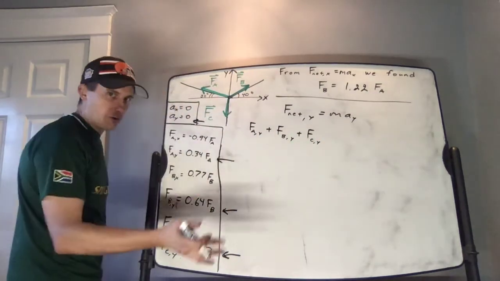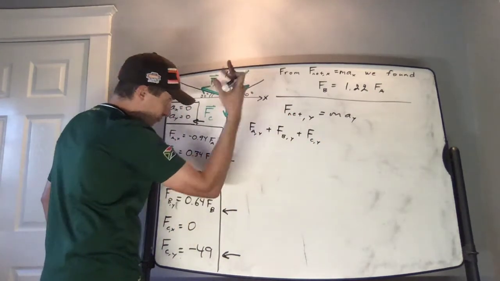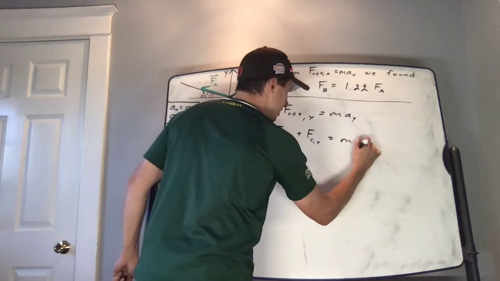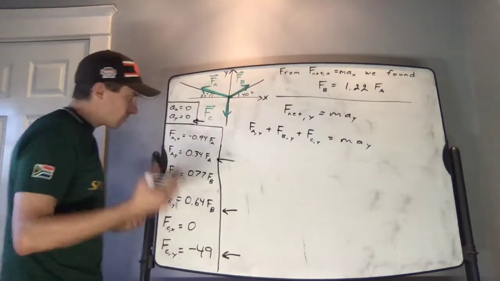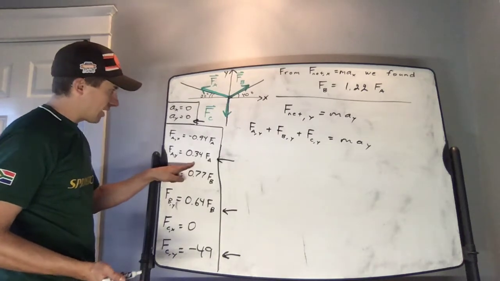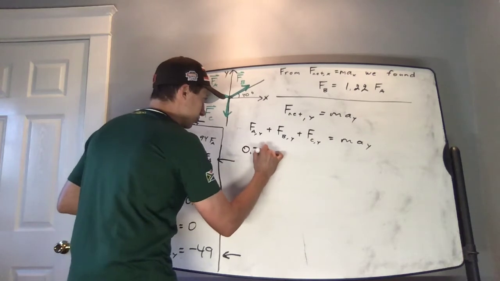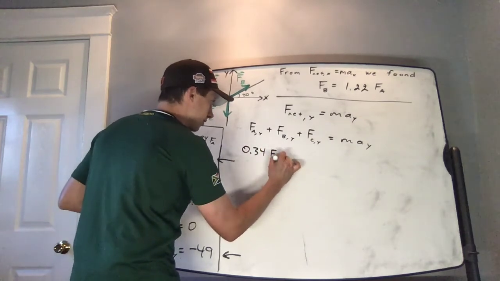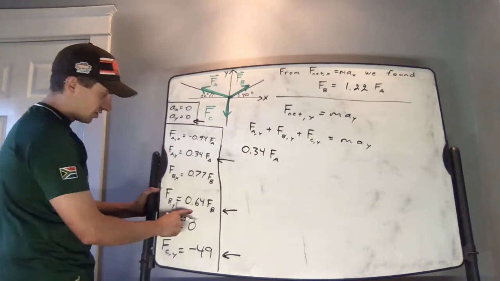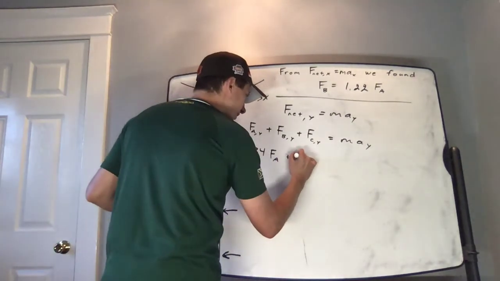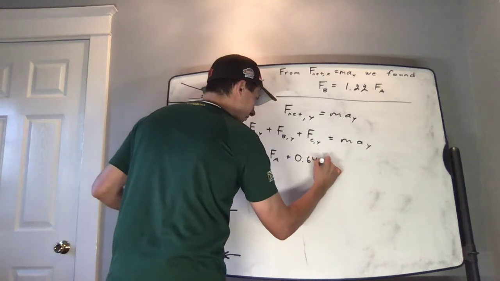All the forces are now accounted for, so I have written everything for F net, and I set that equal to MAY. And now I'm going to plug in numbers. So I have 0.34 FA for FAY. I have 0.64 FB for FBY.